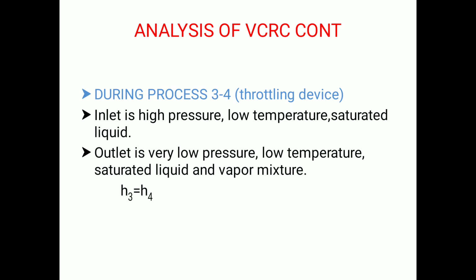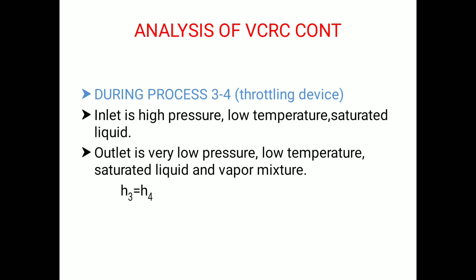We already know that process 3 to 4 is a throttling process. So what is a throttling process? In a throttling process, there will be no significant change in enthalpies before and after throttling. So let's try to understand the inlet and outlet conditions of refrigerant before throttling and after throttling.